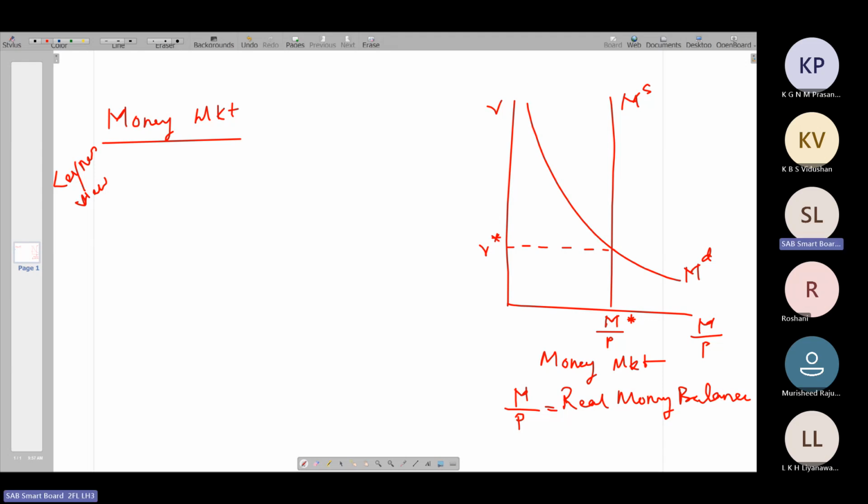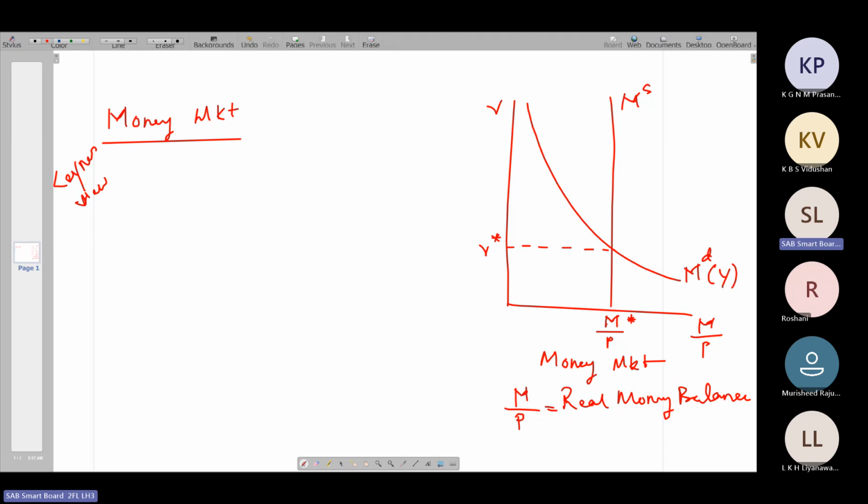Money demand depends on income, and here we take the interest rate into account. So this is the equilibrium in the money market. According to Keynes, money demand and money supply forces operate in the money market, and based on them the equilibrium interest rate is determined.